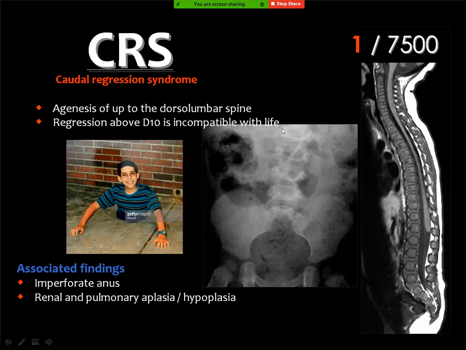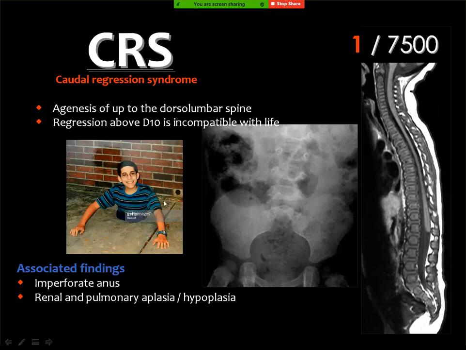incompatible with life. But you can see in this picture that there is an adult human being with no lower half of the body, and this human being is alive, as you can see here, and this is not incompatible with life unless the agenesis extends to the dorsal number 10 vertebra.